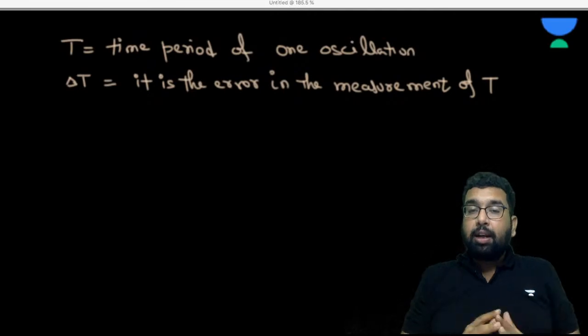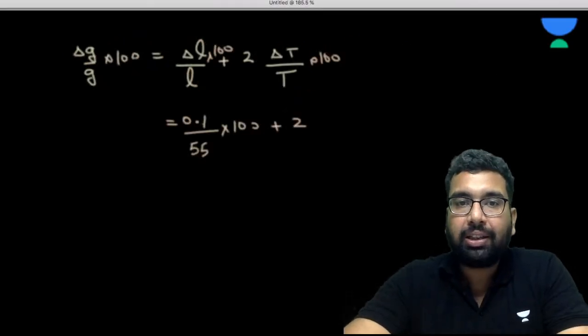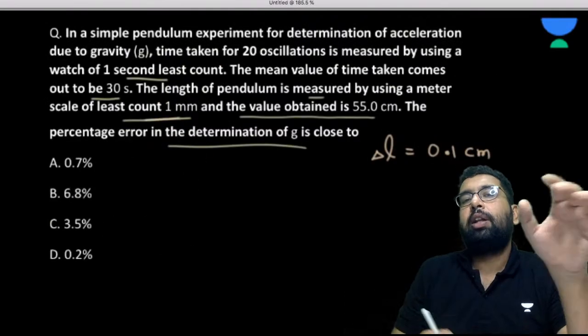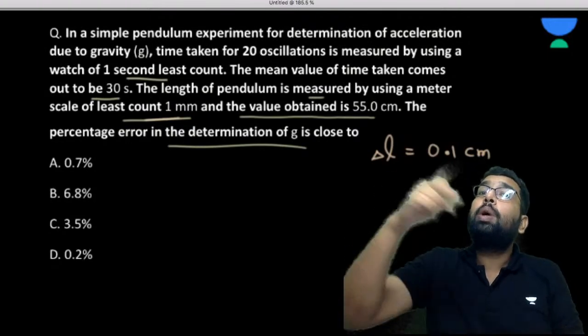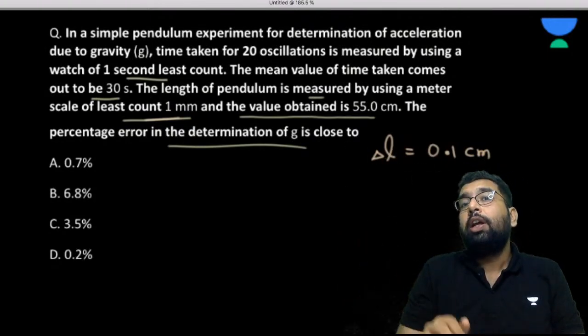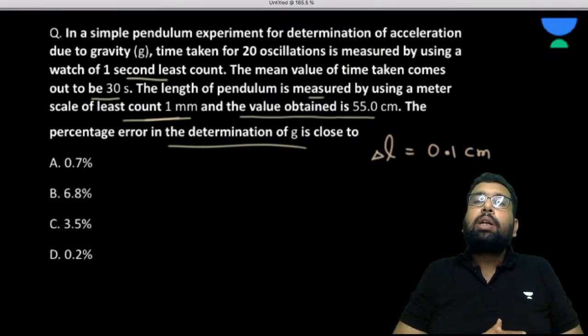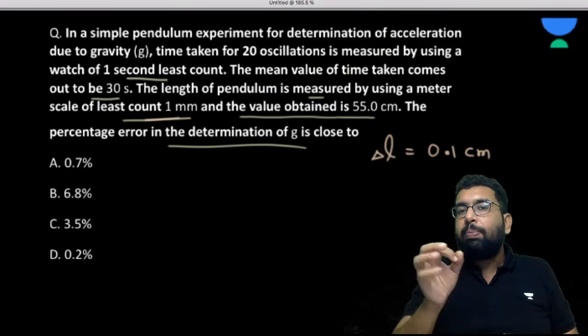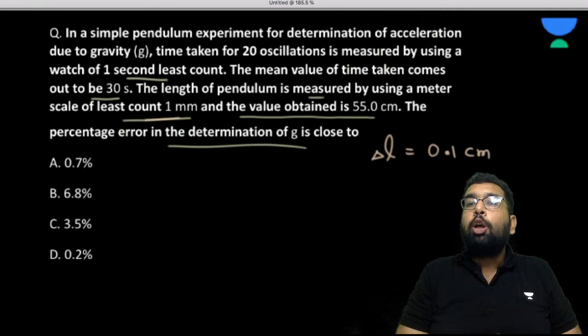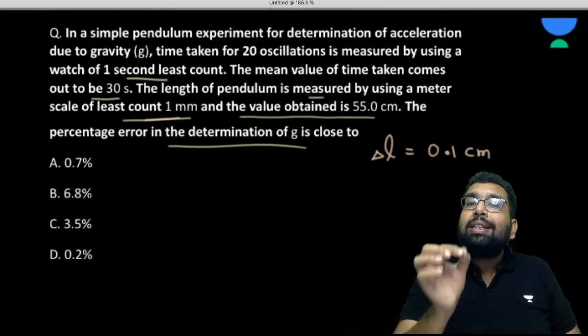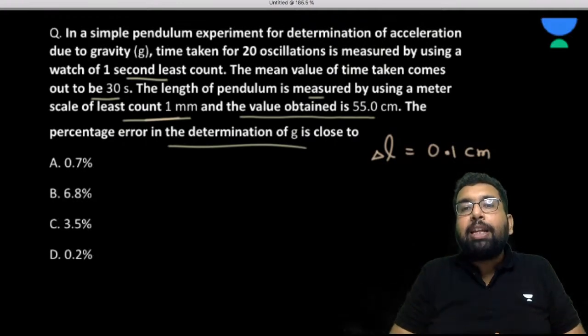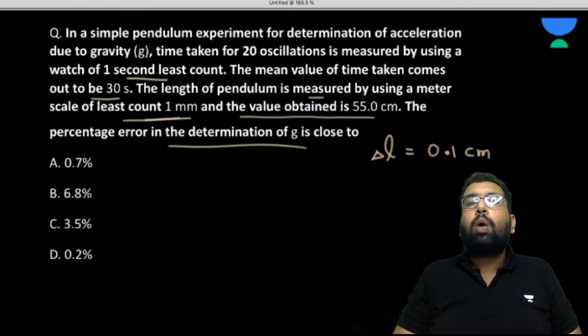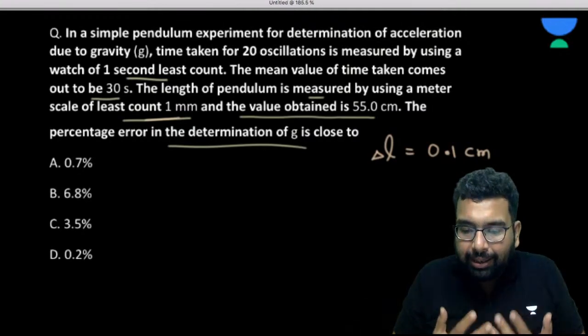So see, in the question, what is given? Now see how this is different from what is given in the question. The time taken is for 20 oscillations, not one oscillation, by using a watch of 1 second least count, and the mean value of time taken comes out to be 30 seconds. So what does it say?